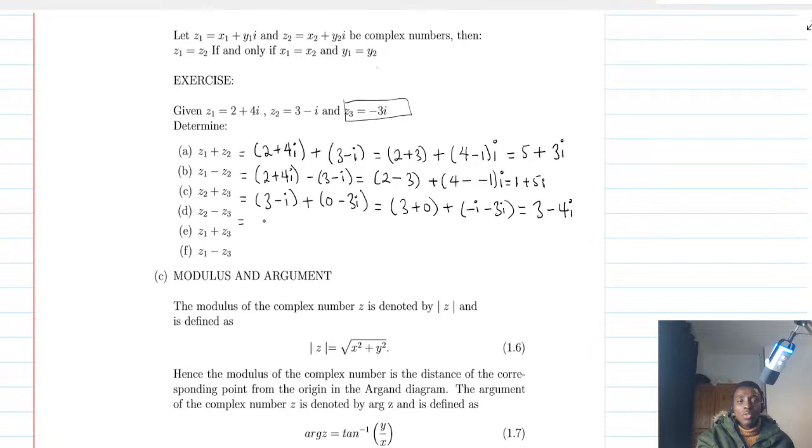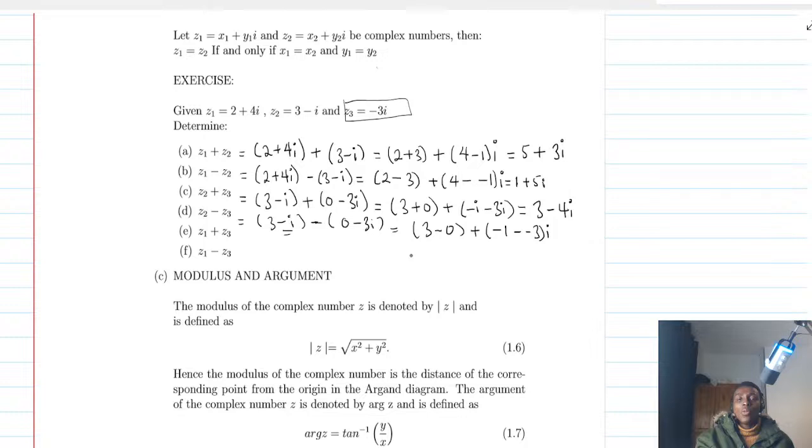Okay, let me just do 2 minus 3, which is 3 minus i minus 0 minus 3i. So if you want to do this, it's going to be 3 minus 0, and then this one is minus i, but this one will be minus 3i. So it means it's going to be plus minus 1 minus 3i.